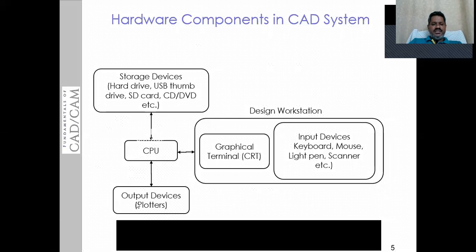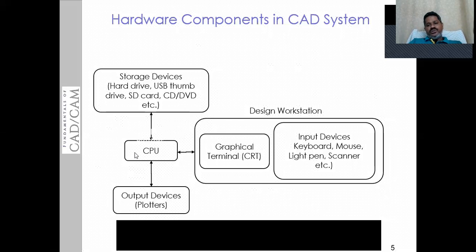Examples of output devices are plotters and printers; there are different types of printers and plotters, right? Pen plotters, drum plotters, flatbed plotters. So these are all the output devices.